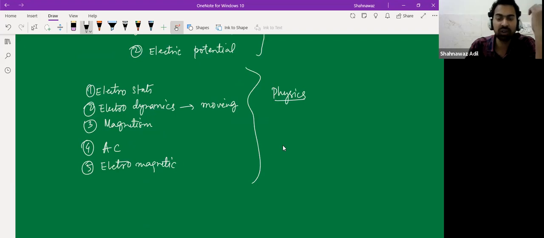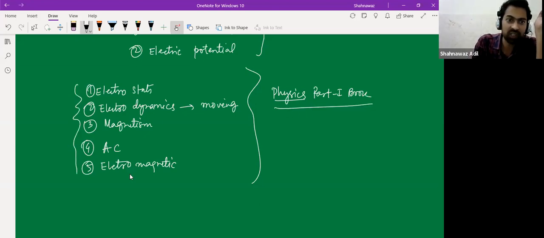And these cover approximately 60 to 70% of your physics part one book, right? So these chapters are very much important.